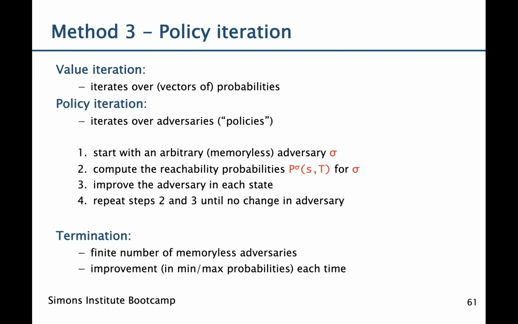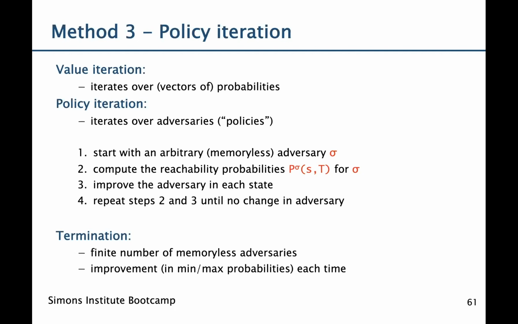Okay, I'll only briefly go over how policy iteration works. In value iteration, obviously, we iterate over the probabilities or the values, while for policy iteration, we iterate over the strategies or adversaries or policies. So we start with an arbitrary memoryless adversary or strategy, then we compute the reachability probabilities for that strategy, and then we try to improve that strategy in each state.